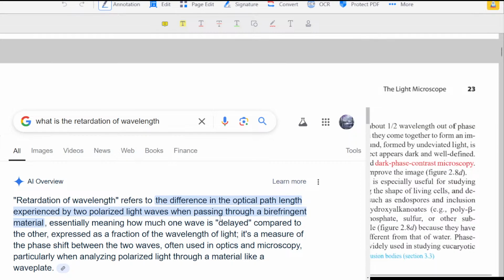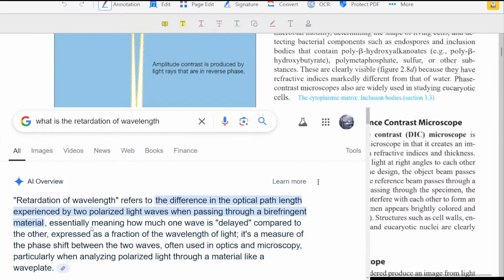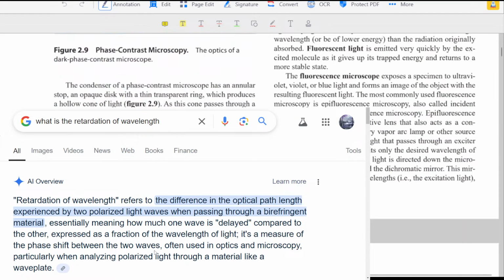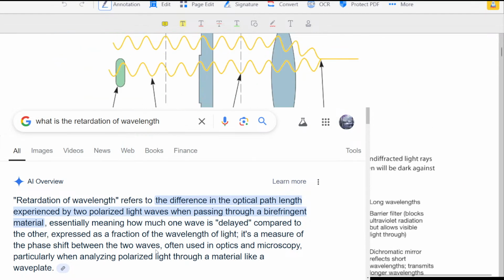Didn't they say that the wavelength will be advanced by only 1/4, but here they are saying that it will be advanced by 1/2?